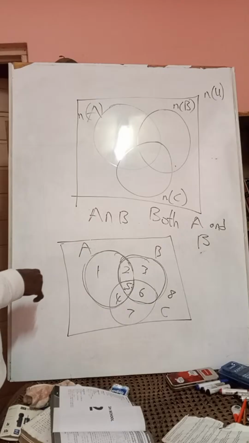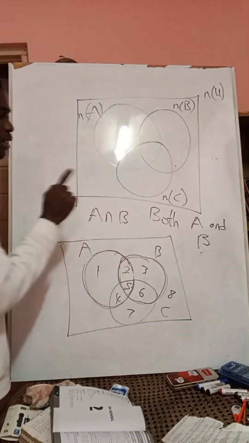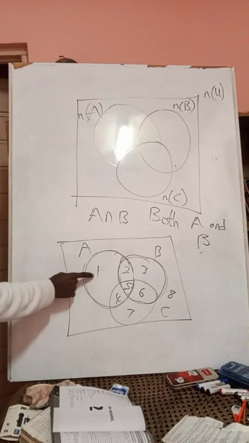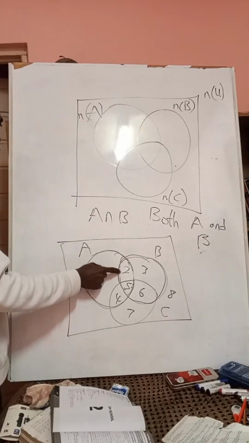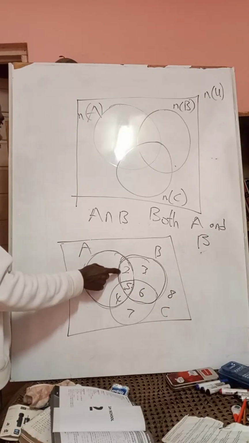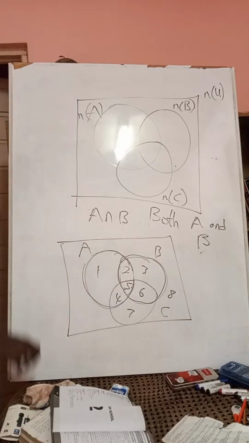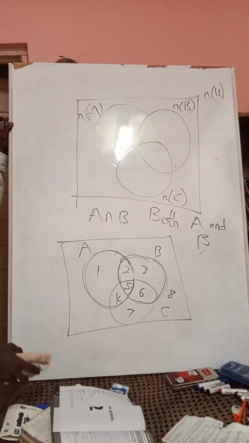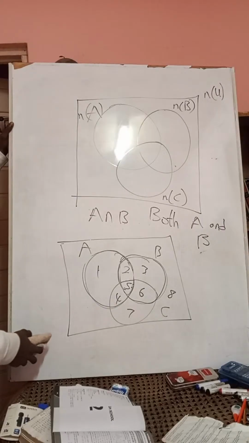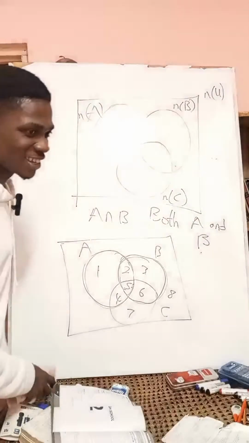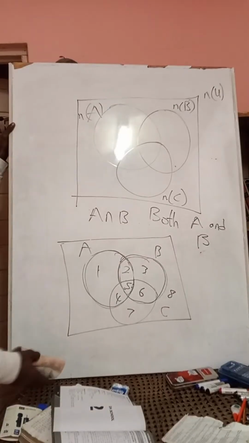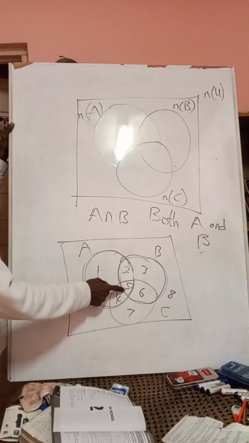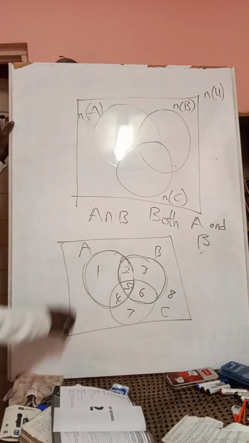Now, whenever they say A and B only, let's know it's different. A and B only means region 2. Region 2 and region 5 is for both.